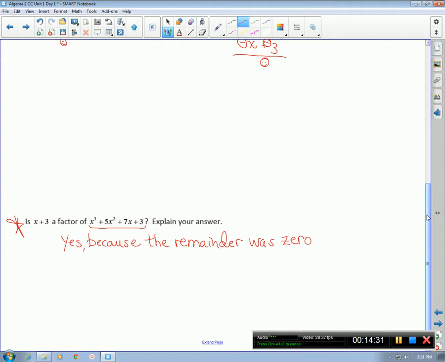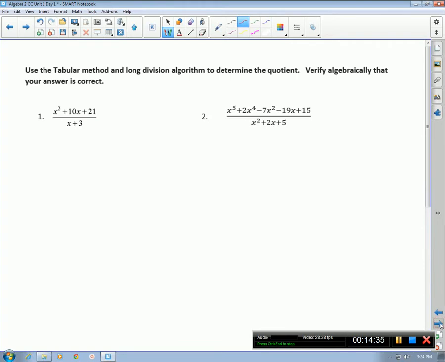You could say because it divides evenly. So let's practice now both algorithms. And the directions say use the tabular method and long division to do each of these. And clearly they should come out the same.